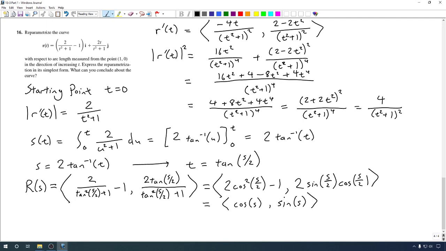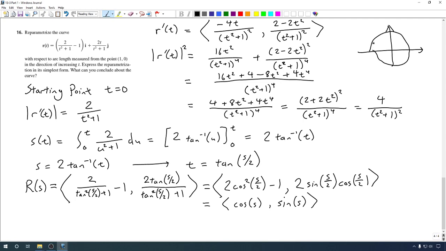So we actually get a very nice formula. And in fact, this is one situation where this reparameterization, the arc length parameterization, actually sheds more light on what curve we're talking about. Because if we recall, this is just the parameterization of the unit circle. This curve that we had originally is just a parameterization of the unit circle.